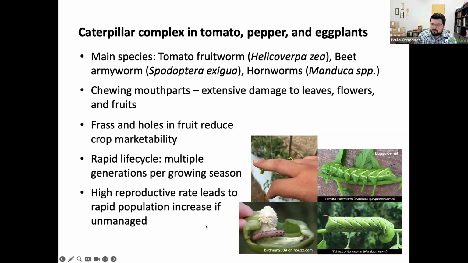They can produce multiple generations in the growing season. So you see movement of the moths, which are the adults. The moths will not cause damage, but they are an indication that you may have problems with caterpillars. They have a high reproductive rate, and this leads to a rapid population increase if not managed well, or if you lose the timing.